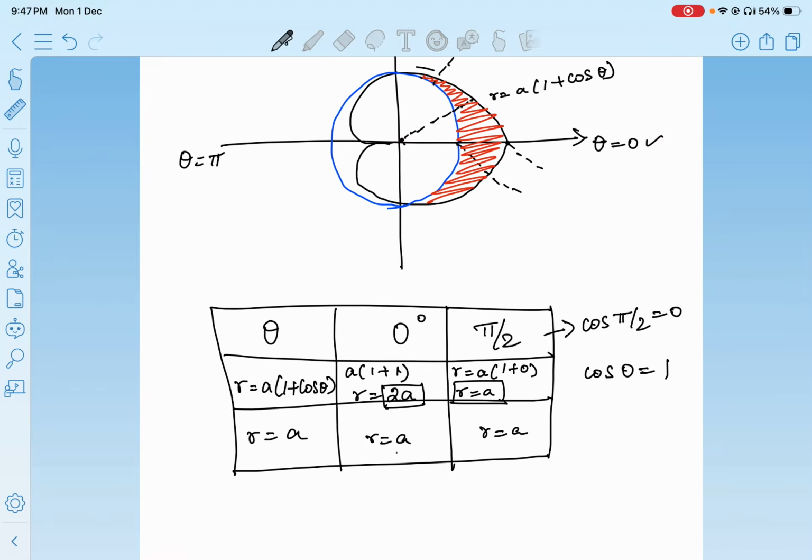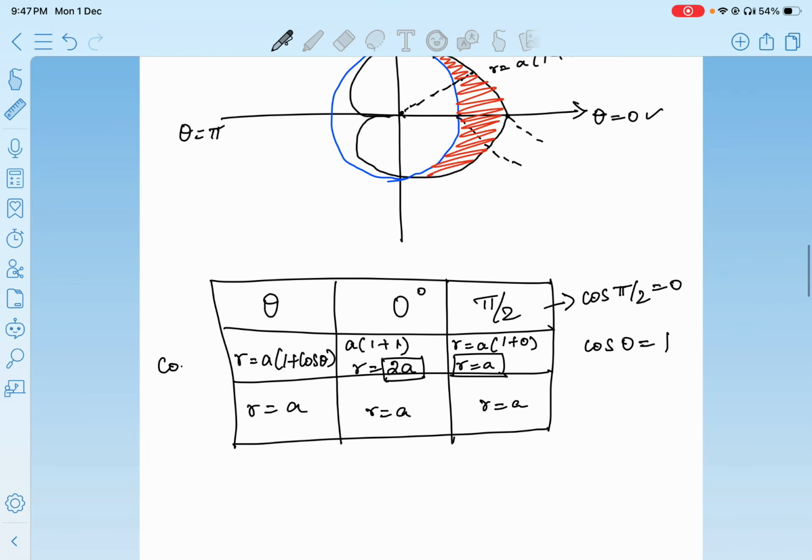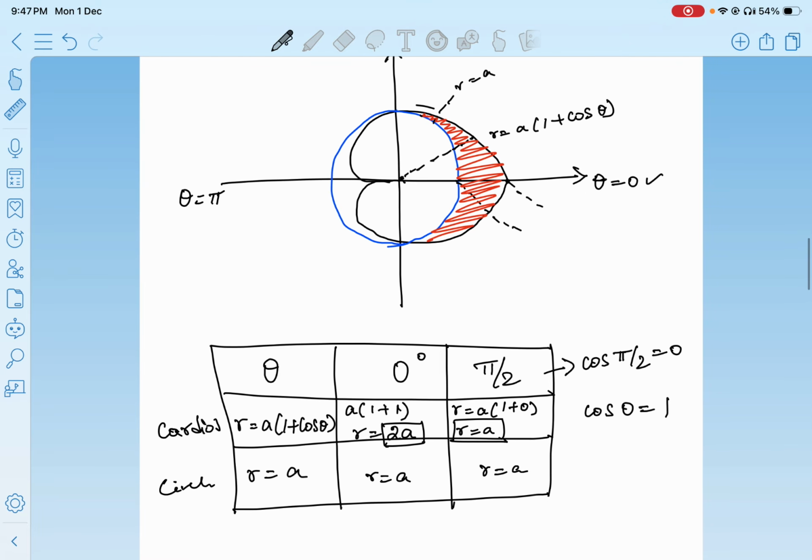Now using this table, we are going to mark the connected points. This is your cardioid and this is your circle. Where does the circle lie on the 0 line? At r equal to a, which means at the 0 point, your r is a, so that is the point a comma 0.